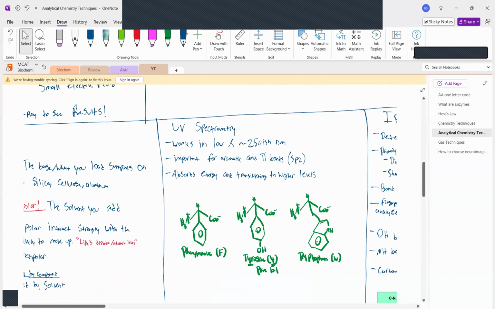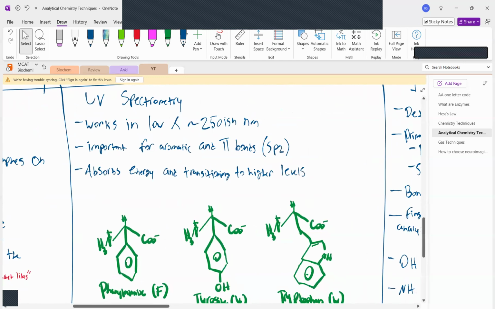So then we have UV spectrometry, since you have UV, visible, and infrared spectrometry. Oh no, sorry, wavelengths. It works in low wavelengths, approximately, I like to say just 250 since that's applicable for the MCAT, around 250-ish nanometers.